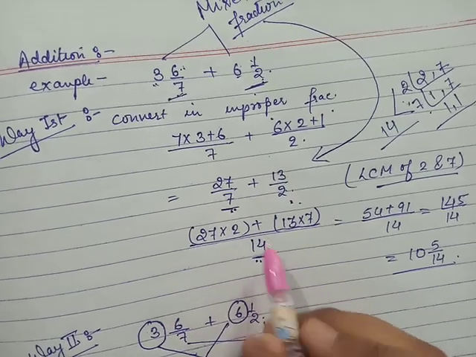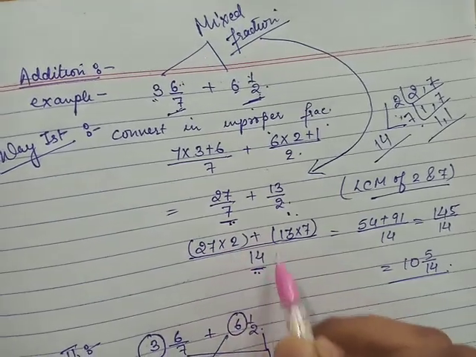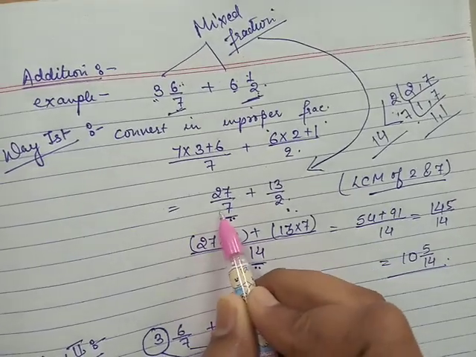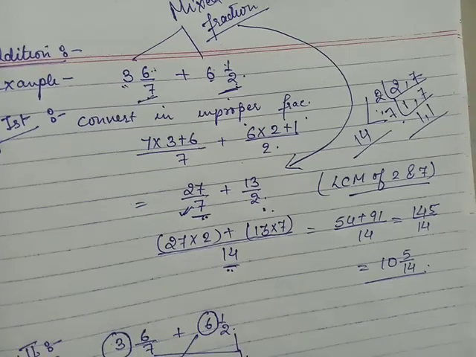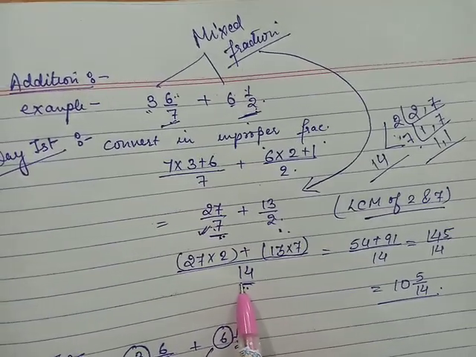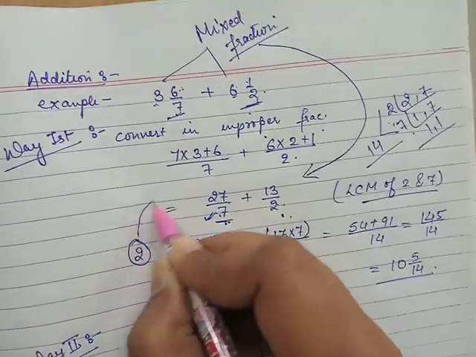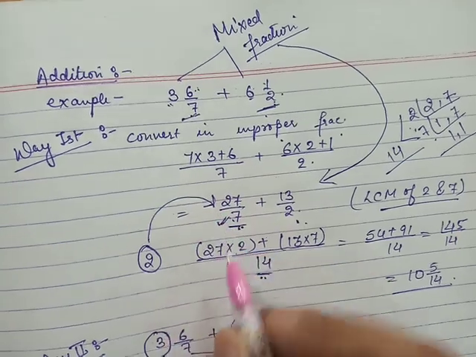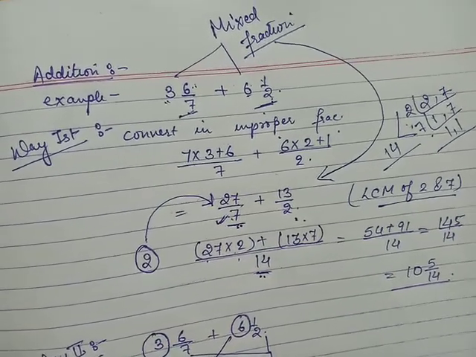So first of all we will divide this whole denominator LCM with the denominator of the first fraction. Here we get 7 2s are 14, we have got 2, and the value 2 will be multiplied to our numerator, that is 27 multiplied by 2.